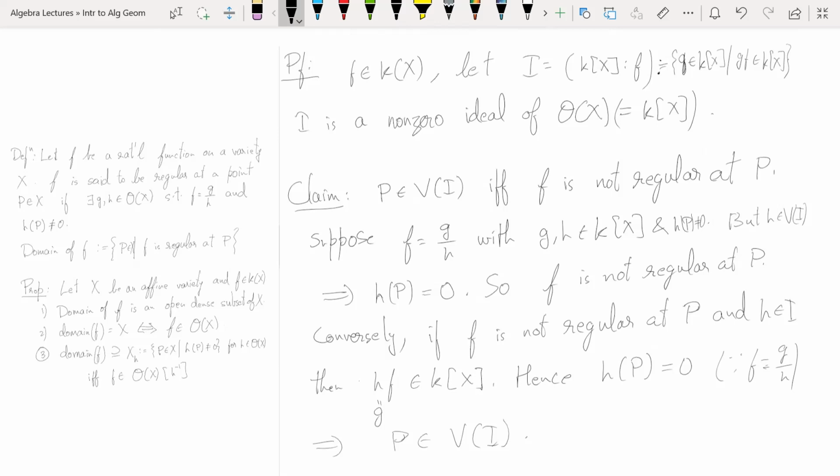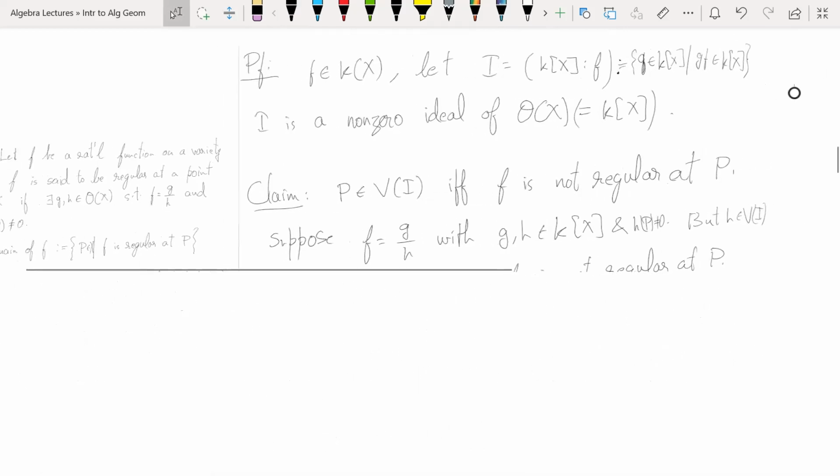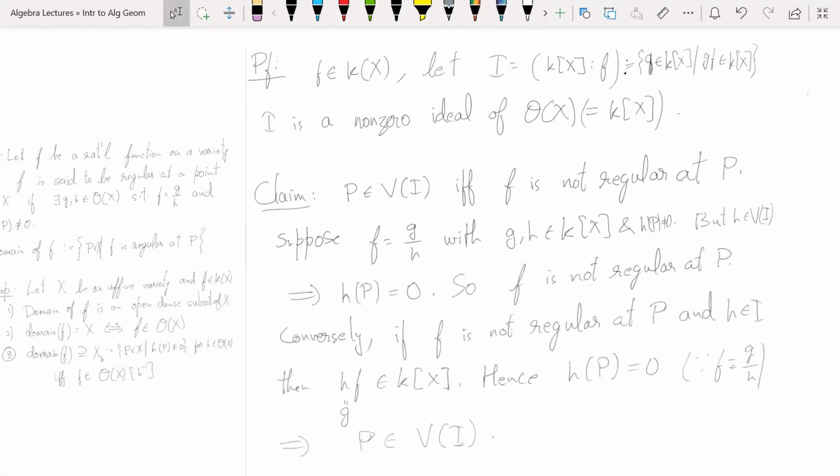Even if g belongs to I and r is an element of k[X], then of course g times f belongs to k[X], so r times g times f belongs to k[X]. That tells you that r times g belongs to I. So this is trivially an ideal.